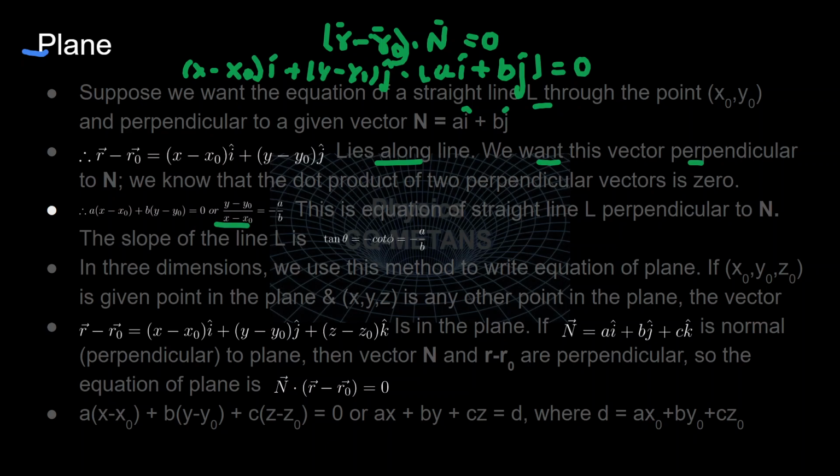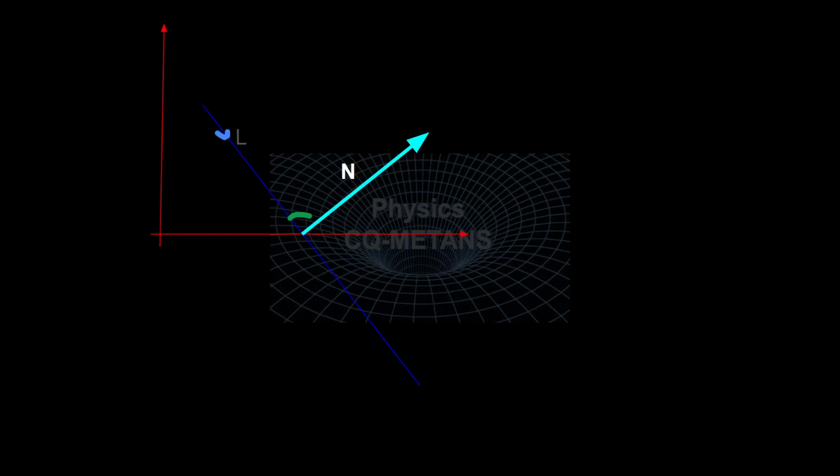Now if I take this angle as theta and this angle as phi, this n is a vector. The components are b and a.